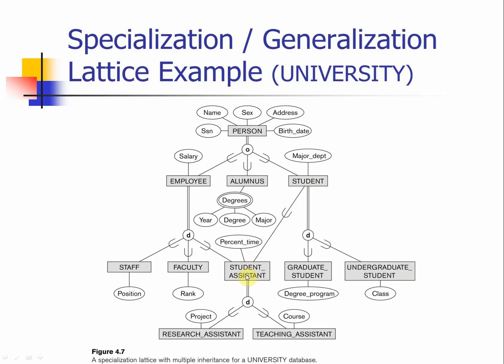If you are a student assistant, you have to choose either research assistant or teaching assistant. You can see that based on this design, a research assistant cannot do teaching jobs because it is a disjoint over here. If a research assistant can also do teaching, then this D has to be an O for overlapping. And therefore, try to understand the big picture described here.